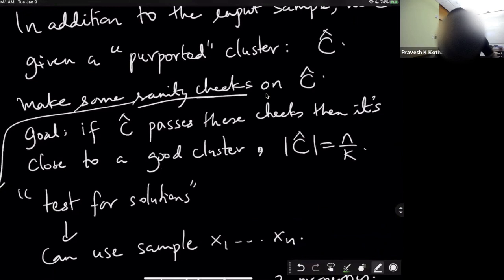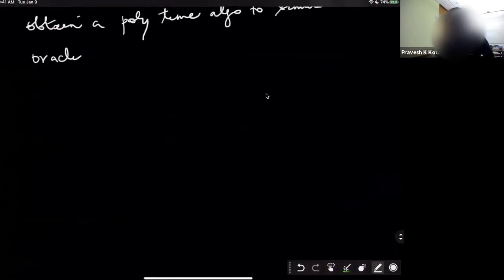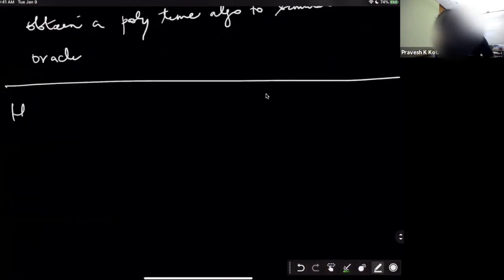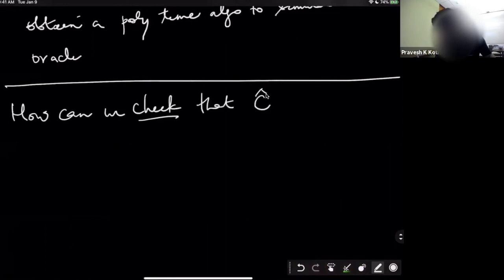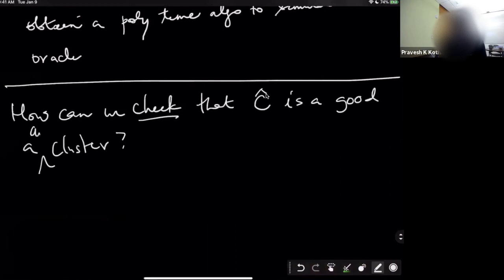All right, very good. So let's come back to our question. What test should we build? How can we check that a given C hat is a good solution? For us, a solution is a cluster. So how can we check if it is a good approximate cluster? We don't quite know the means, so we can't use means in designing this test.